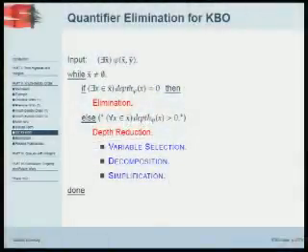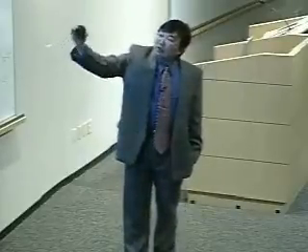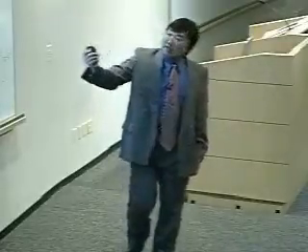So here is the high-level structure of this elimination. The outside while loop says as long as we have a job to do, we need to do it. And we have two conditions. Suppose there is an x such that the depth of x in phi is 0, then we do elimination. Otherwise, we must have the negation of the condition. Then we do depth reduction to create the conditions to do elimination.